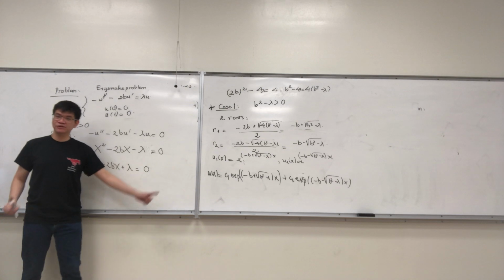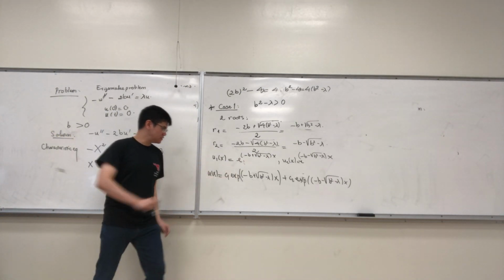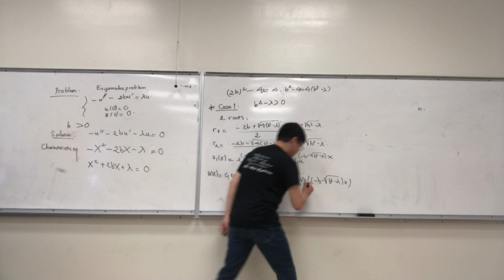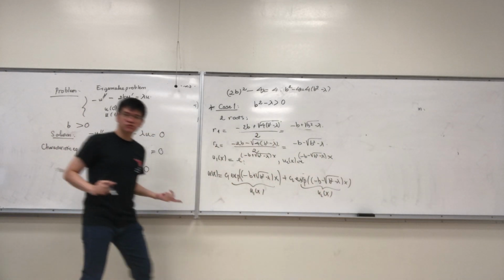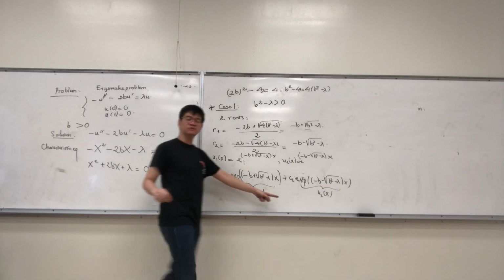Alright? So this is the general solution. This is c1 times u1, and this is u2 of x. So the general solution will be c1 times u1 plus c2 times u2.